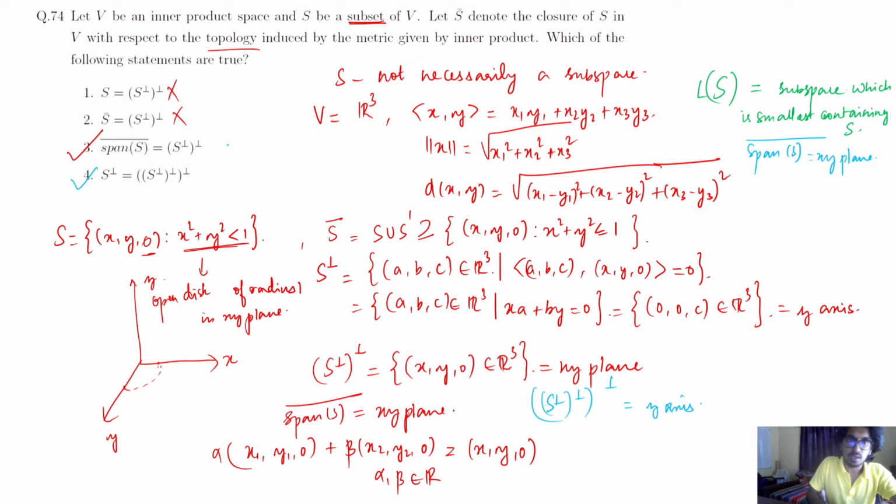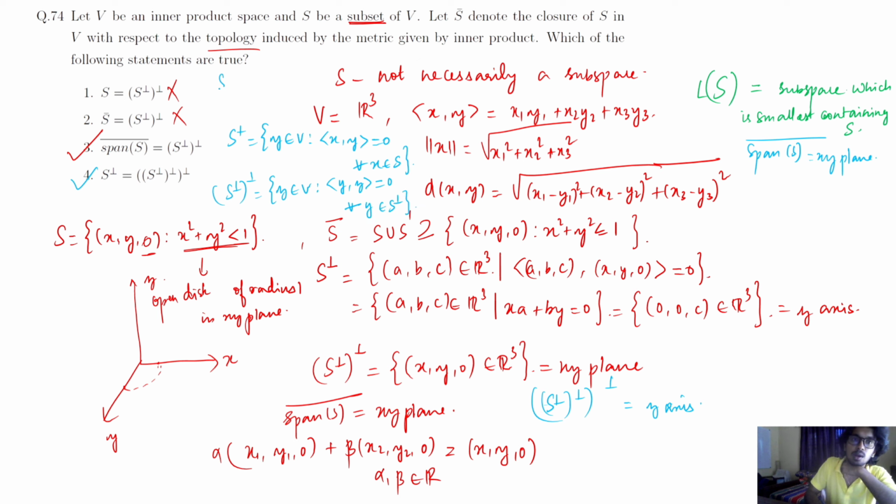Okay, let me do it here. S complement means it is the collection of vectors y in V such that the inner product of x comma y is 0 for all x in S, right? S complement, whole complement, means again the collection of z in V such that the inner product of y comma z is 0 for all y in S complement.